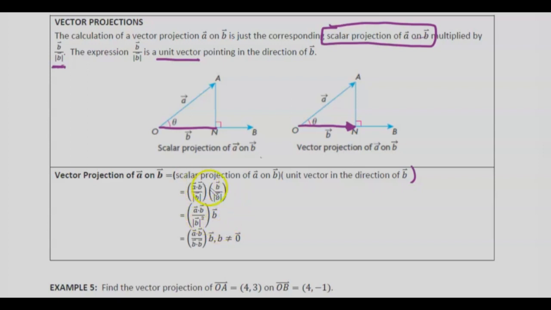The numerator is going to be A dot B times vector B. The magnitude of vector B squared can also be rewritten as vector B dot vector B. And vector B can't be a zero vector.